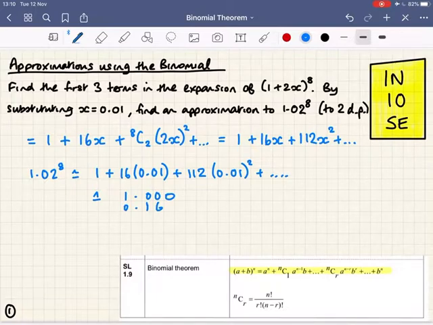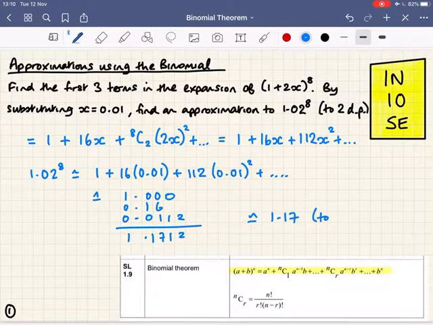I would end up with 0.0112. Just adding those together, I end up with 1.1712. So my approximation to two decimal places is 1.17.